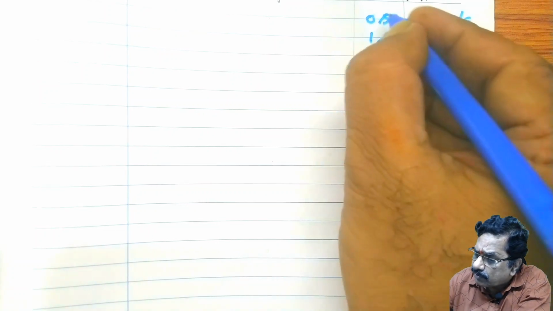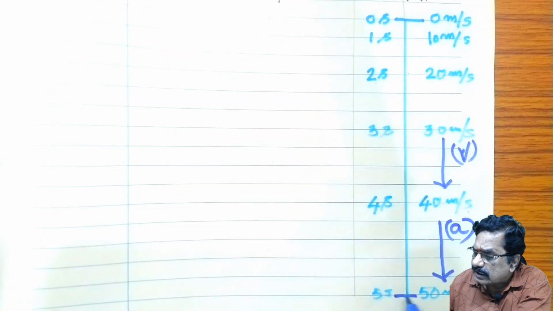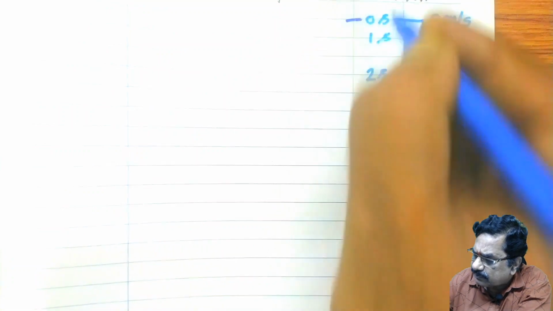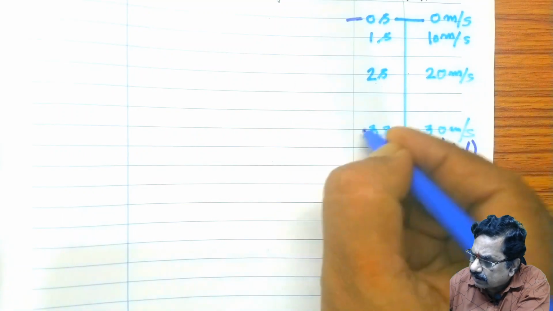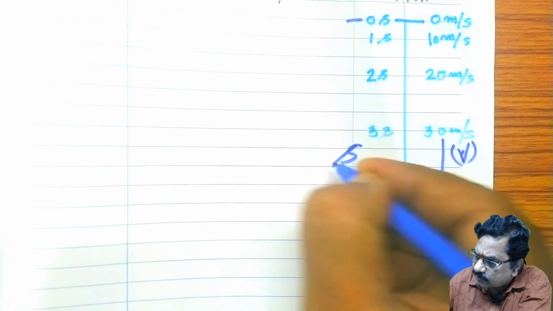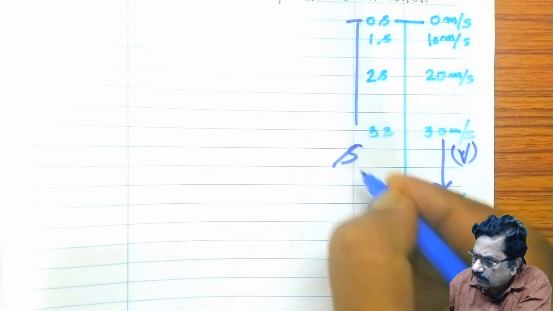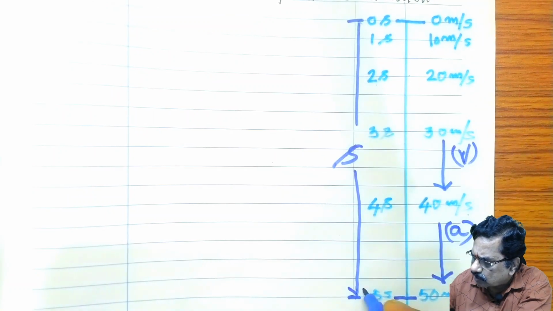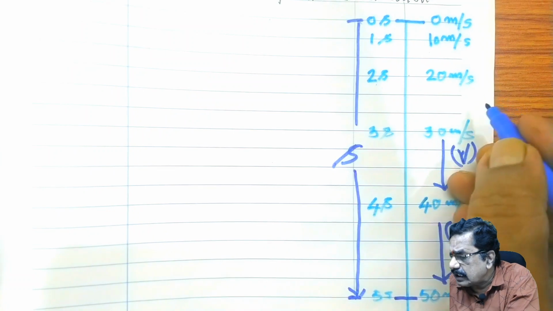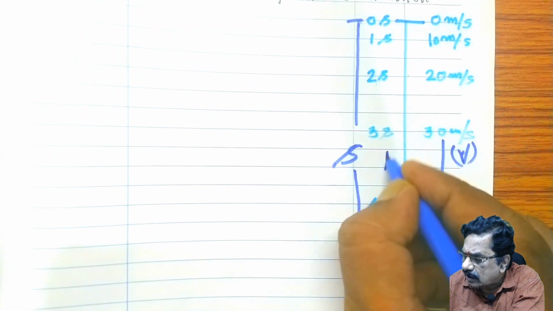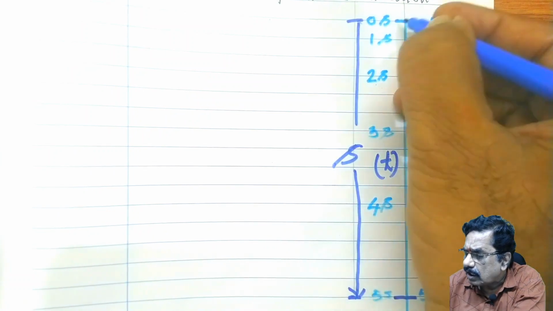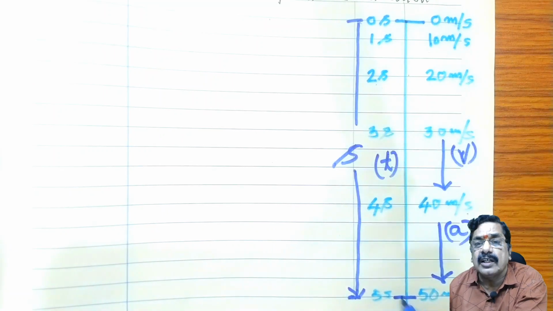From here to here, that is called displacement. Displacement means from here to here, we call it displacement S, or simply we can say height also, and it has taken, let us say, time t. How much time has it taken? Time t to fall from the topmost point to the bottommost point.